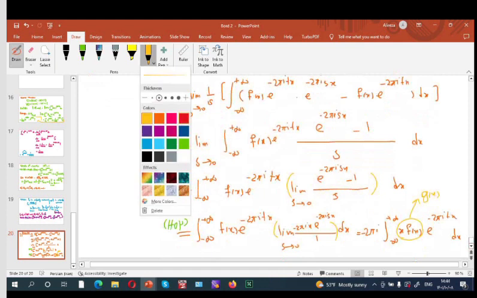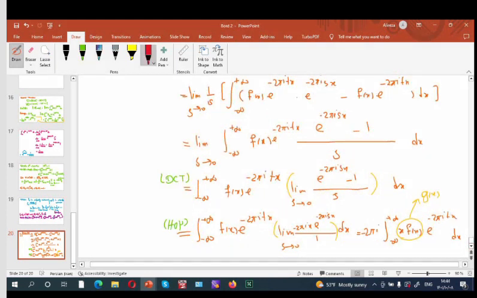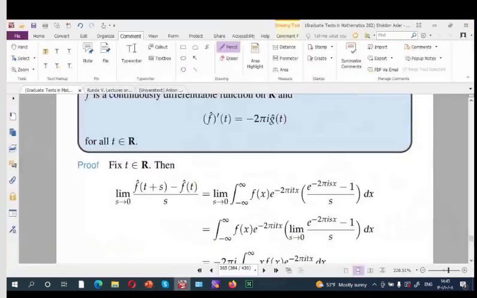As a conclusion, f hat prime of t equals minus 2 pi i times g hat of t. And we have proved this equality.